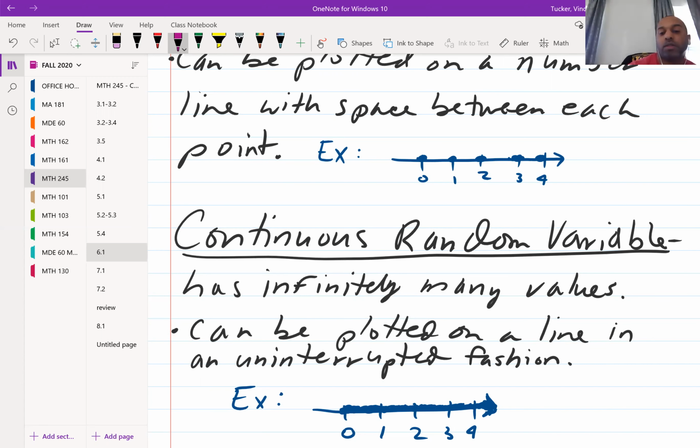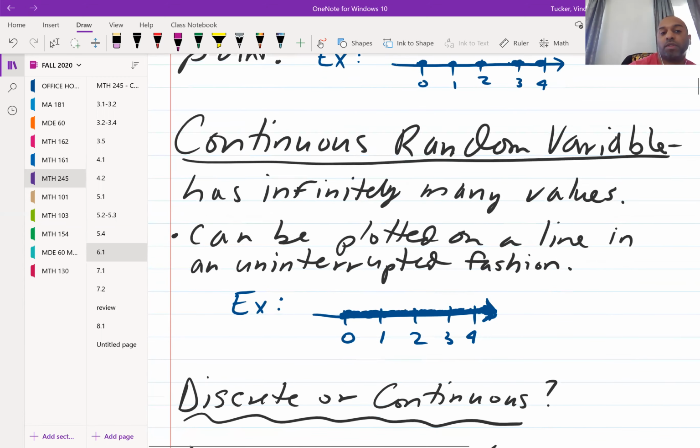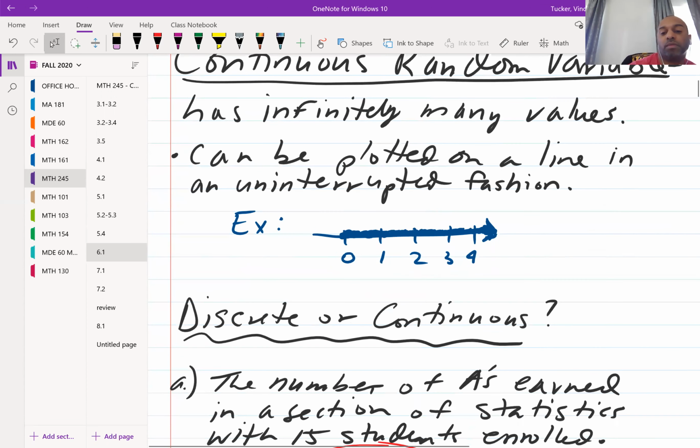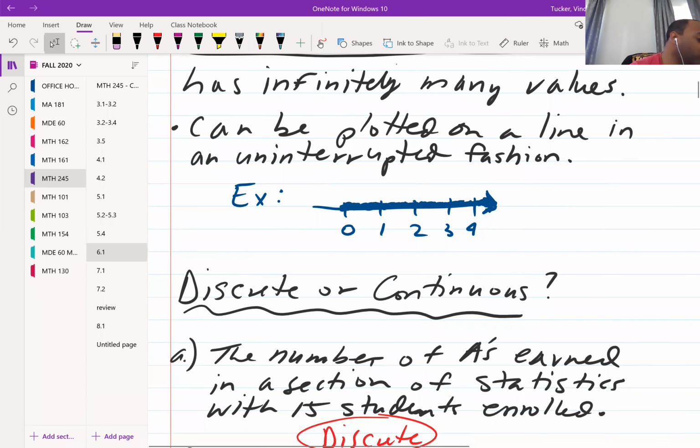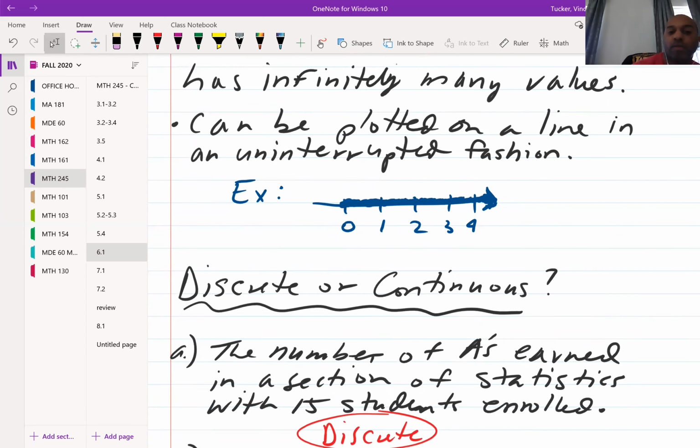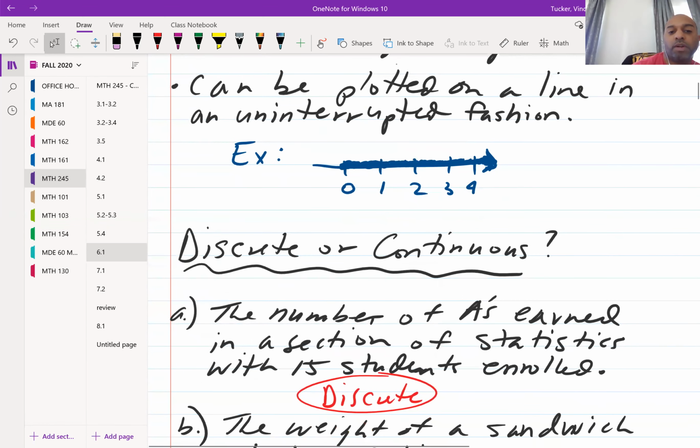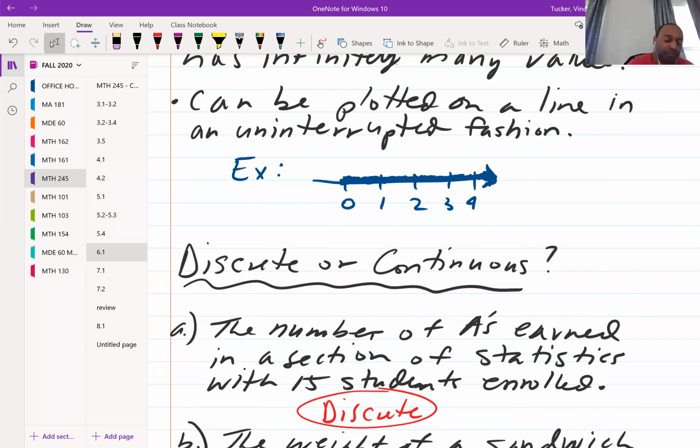All right, scroll up. All right, so discrete or continuous. Trying to decipher between the two. The first one, the number of A's earned in a section of statistics with 15 students.